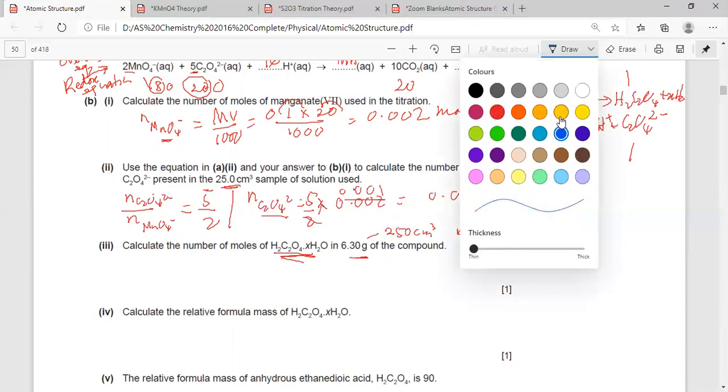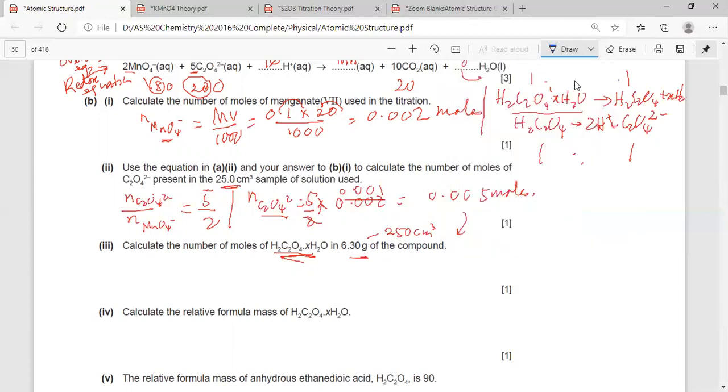Blue. So, okay, blue. So here 1 mole of this whole thing is the same as 1 mole of this. You can say here, if you want to put it up, you don't have to. H2C2O4·XH2O is equivalent to what?